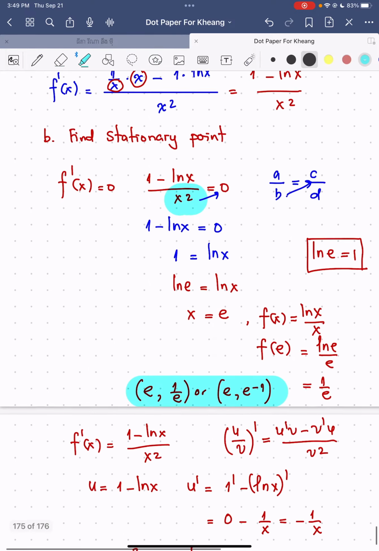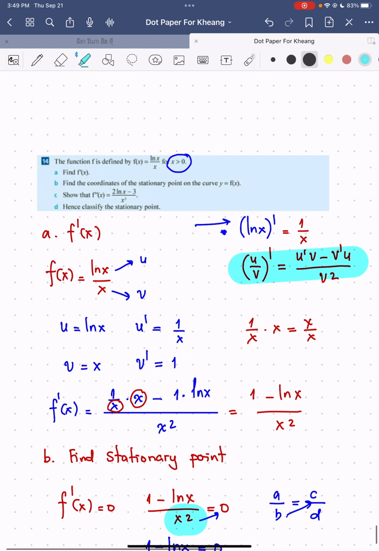Now classify the stationary point. It has two ways. One, the sign test of the gradient table, and the second one, you can plug the x coordinate of the stationary point into the second derivative.